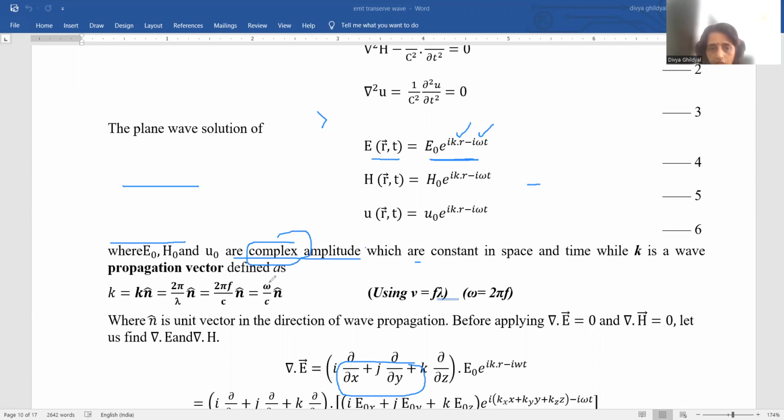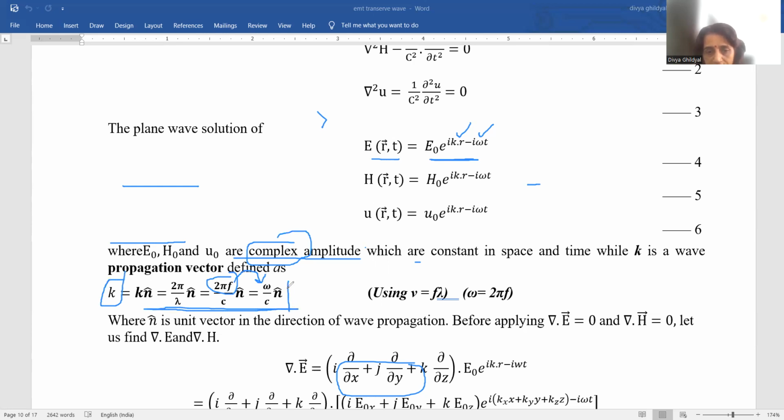K is the wave propagation vector. Mathematically, k is equal to 2 pi by lambda. You can also write v is equal to f into lambda, so instead of lambda I have written c upon f, because the EM wave is traveling with the velocity of light. So instead of v here, I have put c. 2 pi f is your angular frequency, which can be written as omega. So this is your wave vector k, and these are the different forms of writing it.